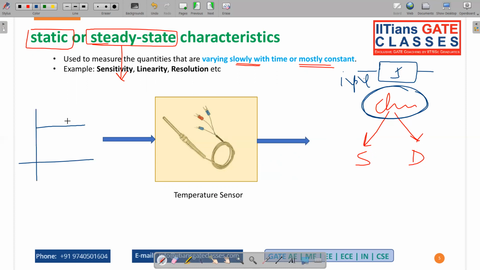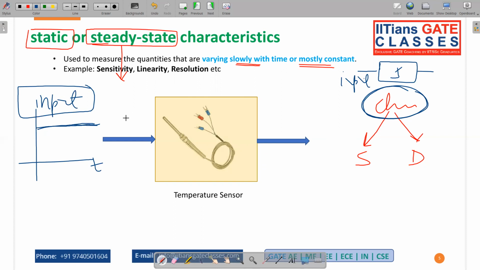But here no transfer function is needed. In static characteristics, the input is varying very slowly with respect to time, so the input is mostly constant.